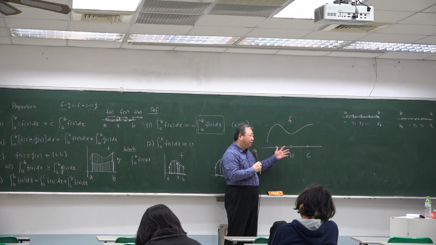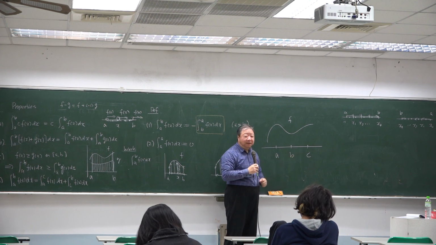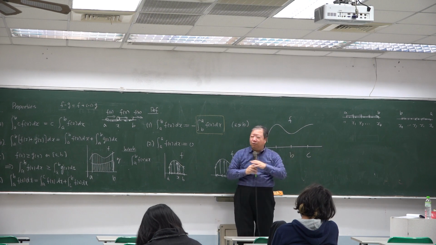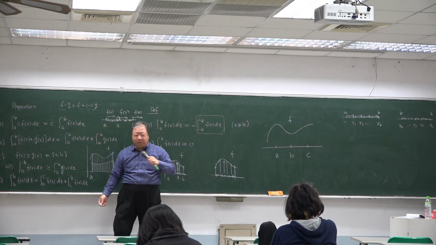And the orders, there are 6 possible orders. Maybe ABC, ACB, BAC, BCA, CAB, CBA. But no matter what order it is, this is always true.